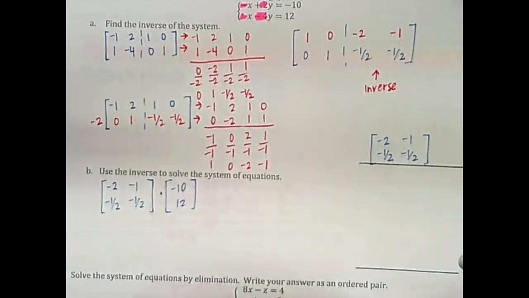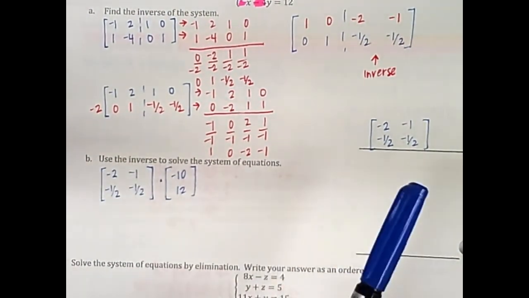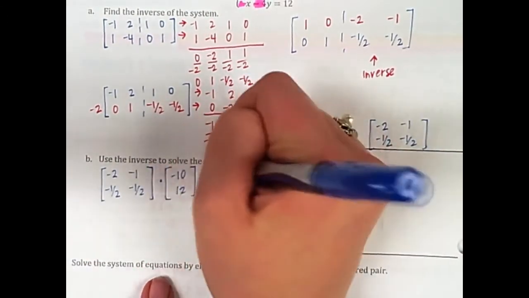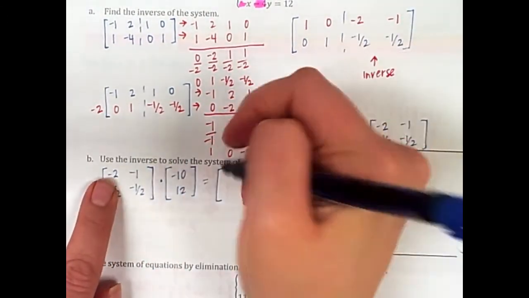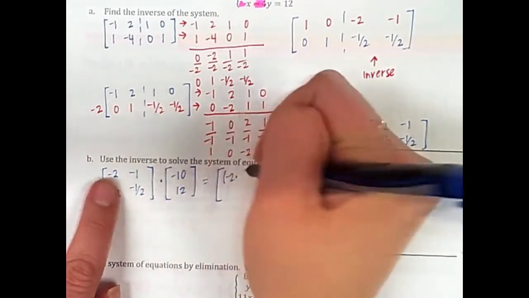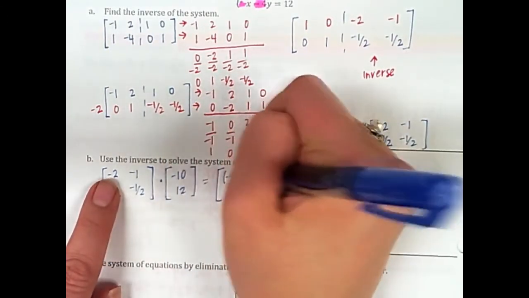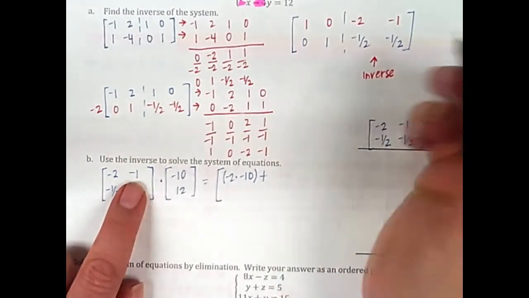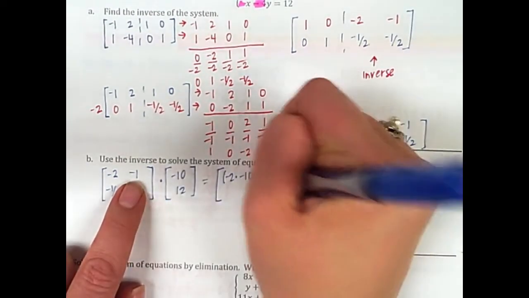Okay, so remember, when we are multiplying two matrices together, we're going row by column. So row, -2, times -10, plus, I move over and I move down. So plus -1 times 12.